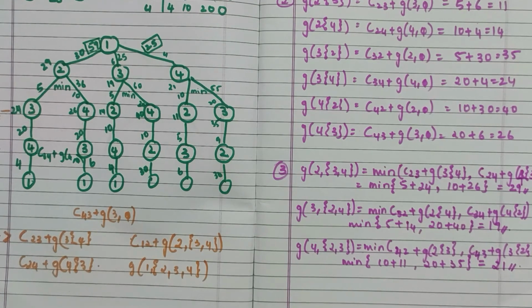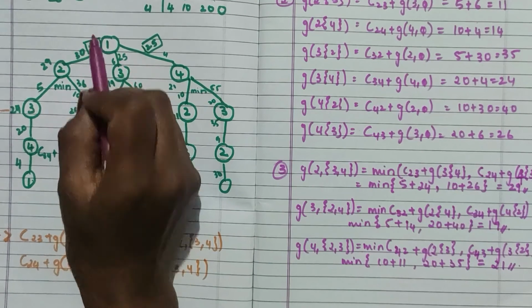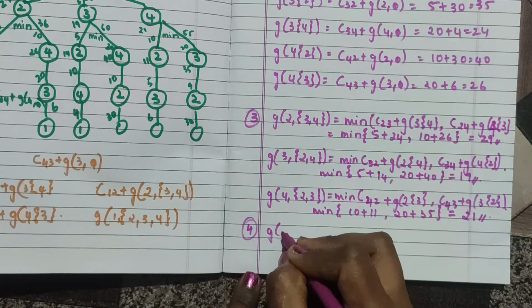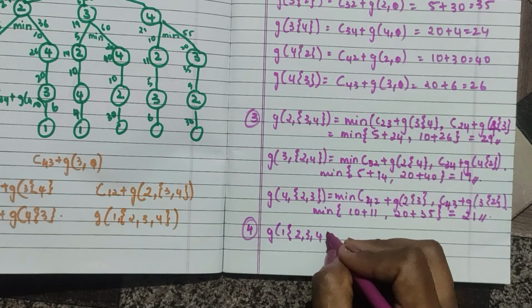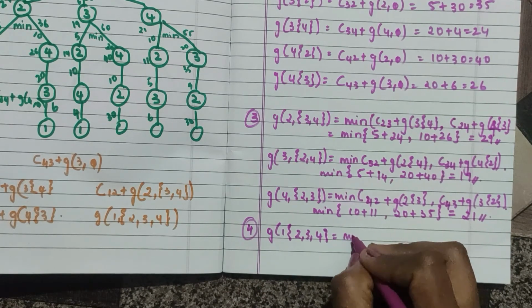Now let's find out for the final stage. So this one, g of 1, 2, 3, 4. Here also you need to find the minimum.